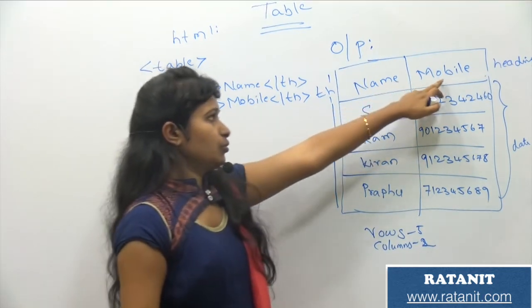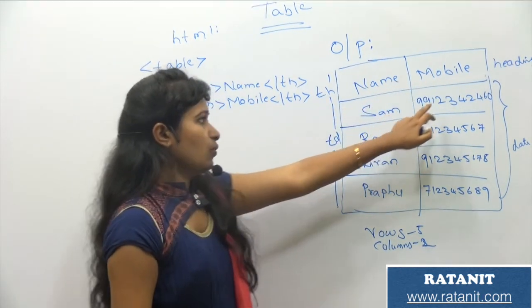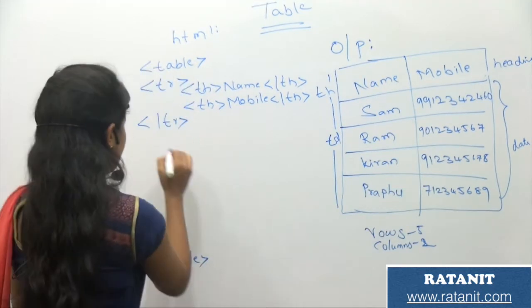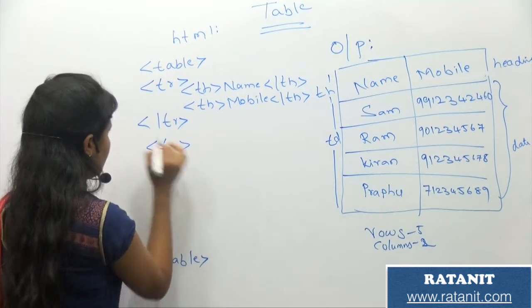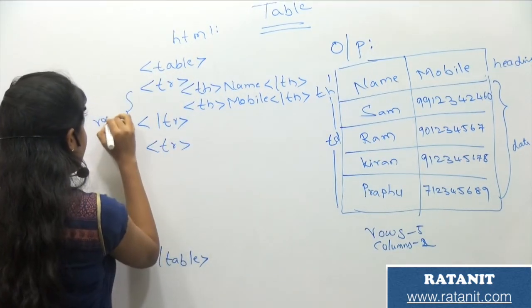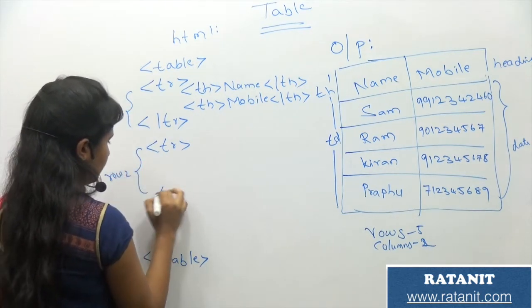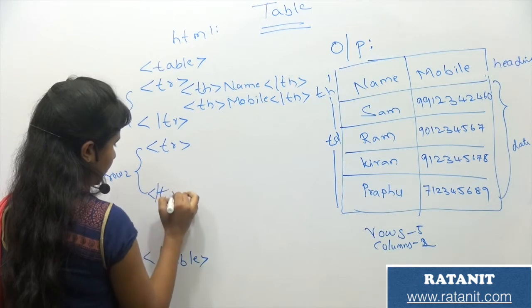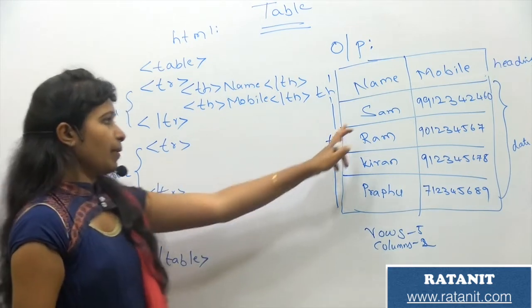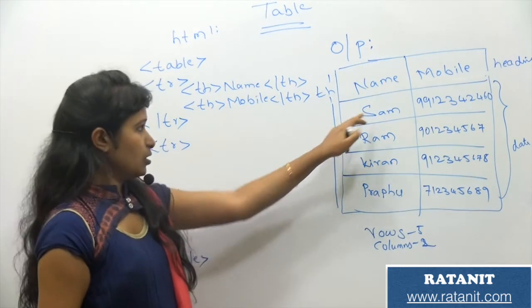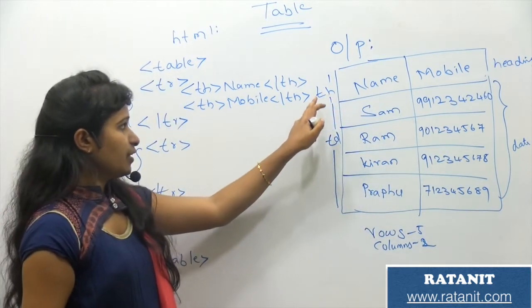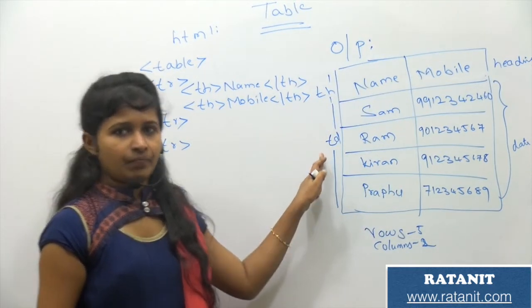This is my first row, and coming to the second row I have my data, right? This is my row 1 and this is my row 2. In row 2 I have data in TD. This is not a heading. What is the difference between TH and TD?